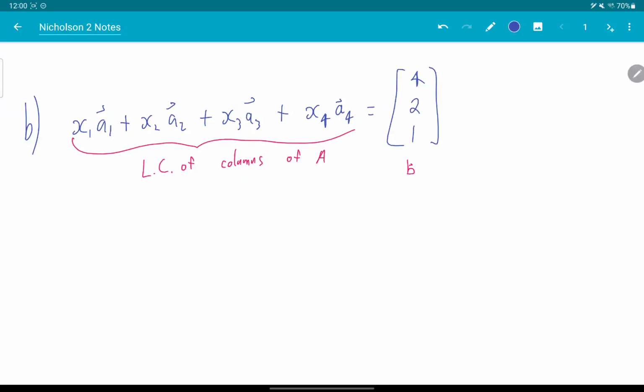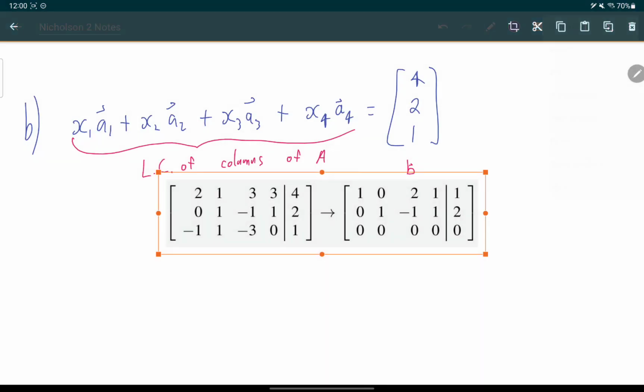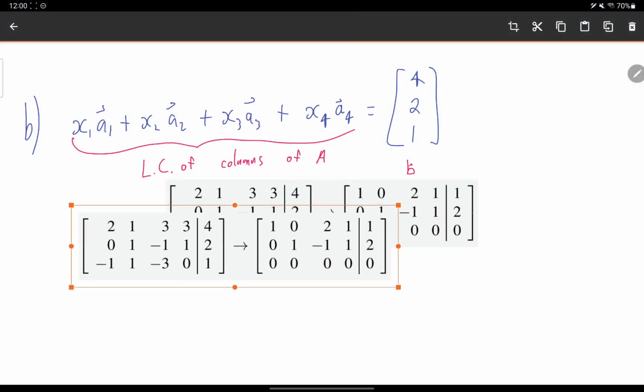Part B now. So again, the question is, can we write B as a linear combination of the columns of A? So again, we're going to put this into a matrix. And I'm going to cheat here.